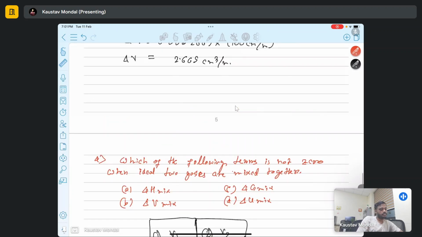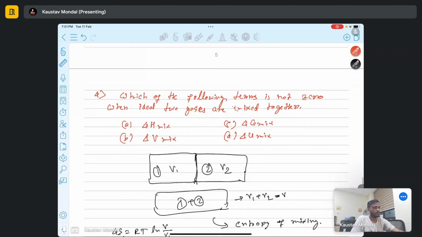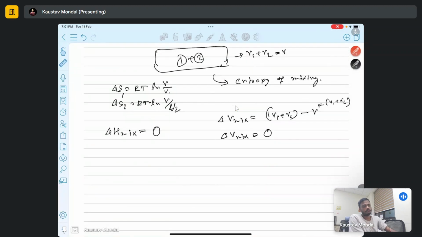Next comes delta G. If you remember the expression for delta G, let me just write it.